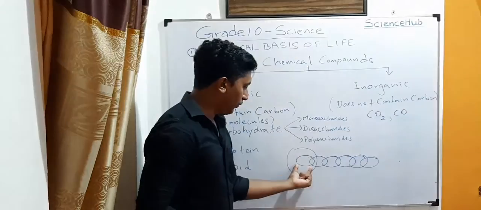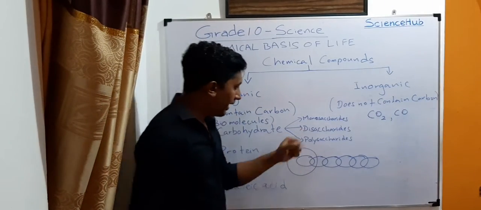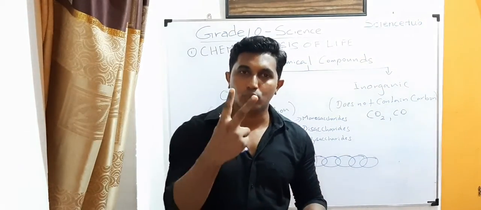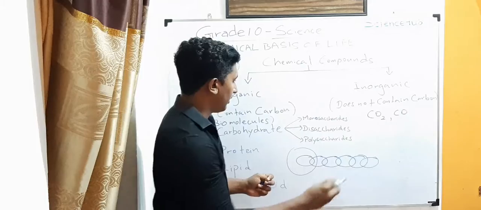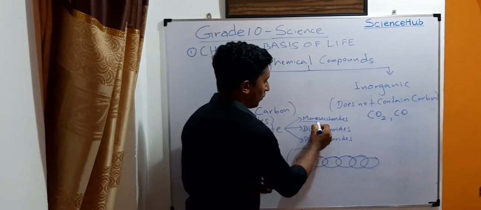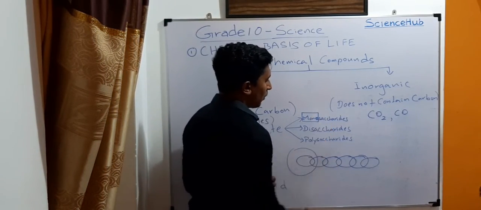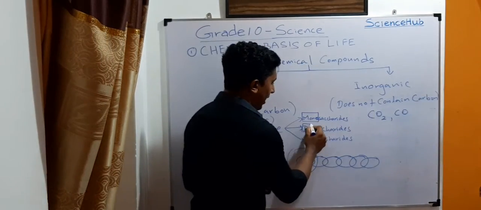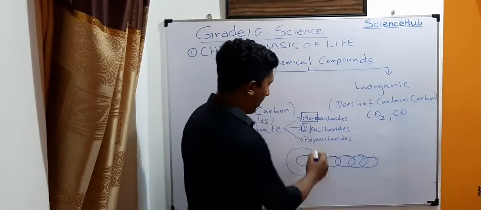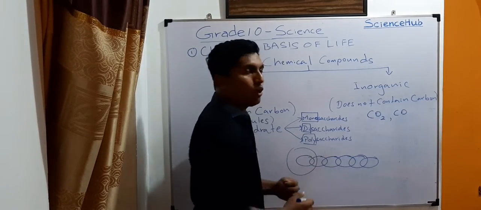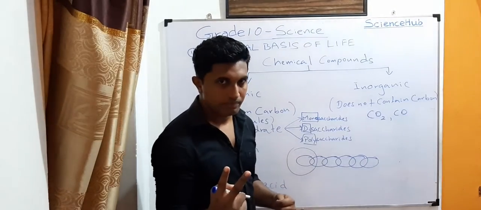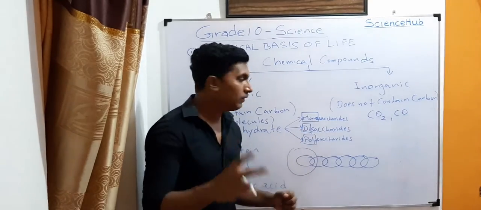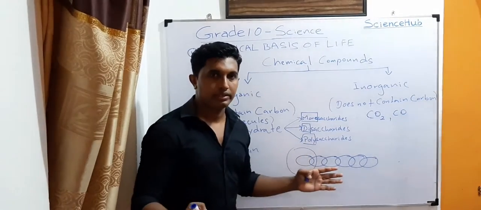One unit is a monosaccharide, and disaccharides can be produced by the combination of two monosaccharides. The prefix mono means just one, di means two, and poly means more than two.